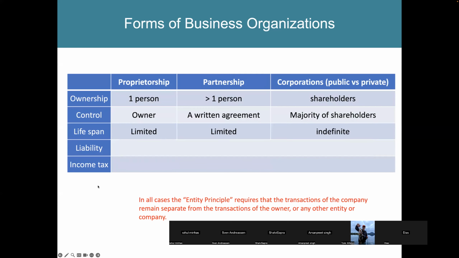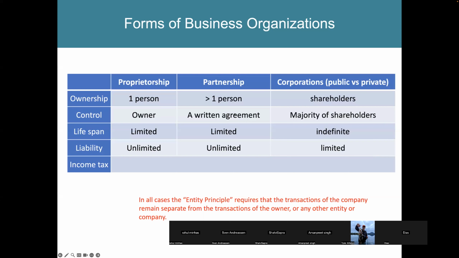Lifespan. Only corporations have indefinite life because they can easily pass the shares to future investors. Proprietorships or partnerships rely heavily on the person, the owner. Once they retire, that organization will have to be terminated.